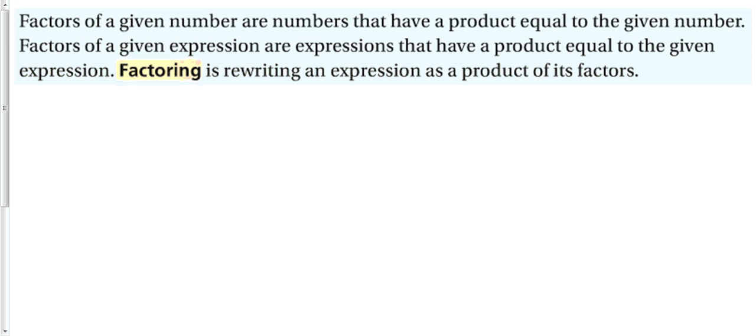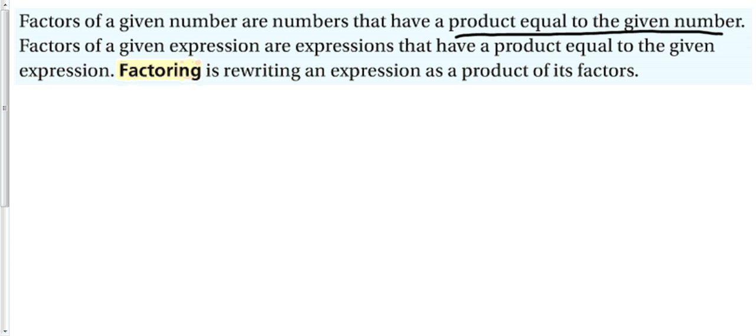Okay? So, the factors of a given number are the numbers that have a product equal to that number. Okay? Factors of a given expression are expressions that have a product equal to the given expression. So when we're talking about factoring an expression, that is just rewriting an expression as a bunch of things multiplied together.